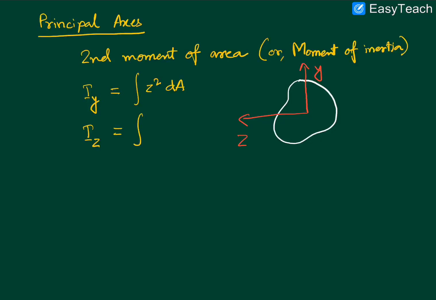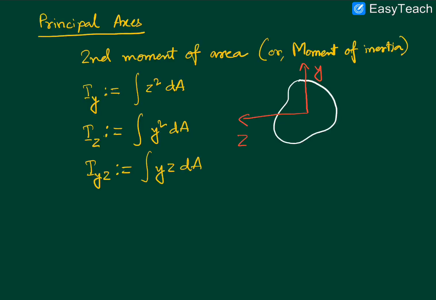Iz is defined as integration of y square dA, and Iyz is defined as integration of yz dA. So these are all definitions. So we might as well denote it clearly in this fashion. This colon with the equal to sign denotes that these are definitions. We are choosing to define it like this.